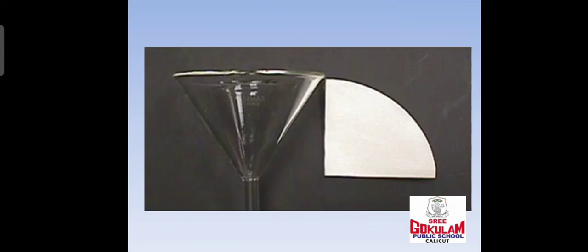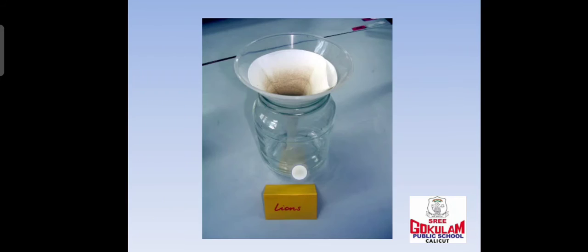Take a funnel and place the filter paper inside the funnel. Then place the funnel over the mouth of a glass. Now pour the impure water into the funnel. The clean water will be collected in the glass and all the mud particles will be left behind on the filter paper.